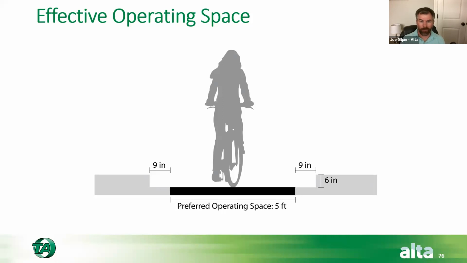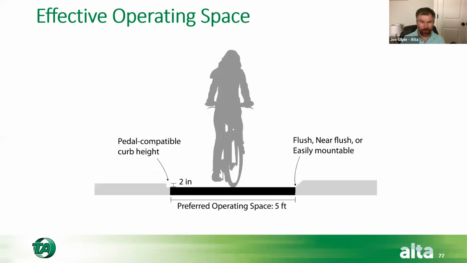Now, if you were in a really constrained area, you could get away with things like having lower curbs so that you're not going to hit your pedals on them, or having a mountable curb on one side where the bicyclist can get out of the facility if they need to, while still providing a detectable edge for somebody that might be using the sidewalk next to it. So those are other ways that we can think about in constrained areas, at least providing that width.